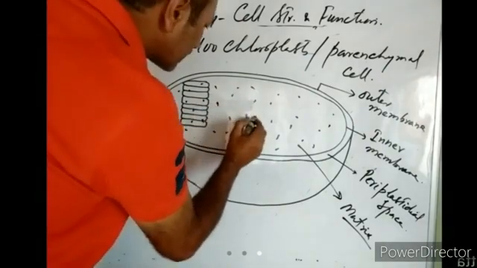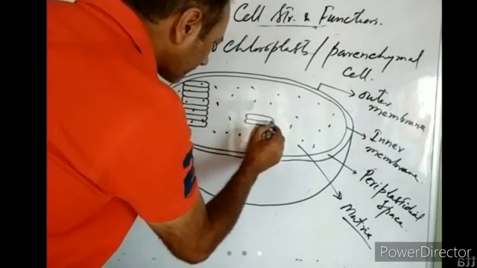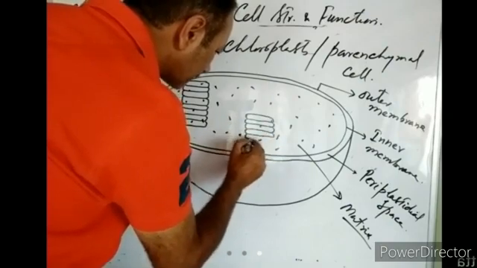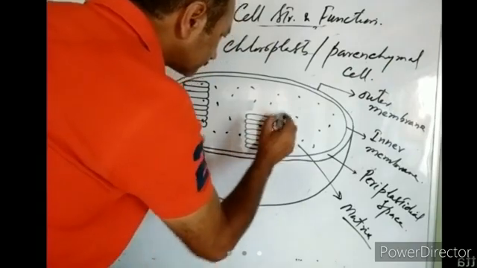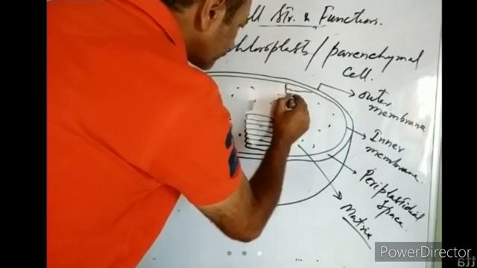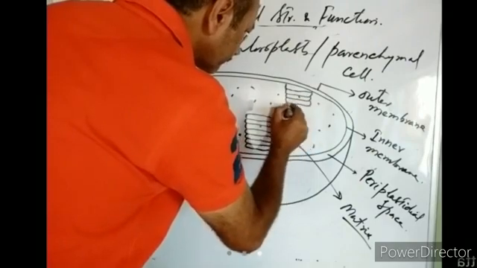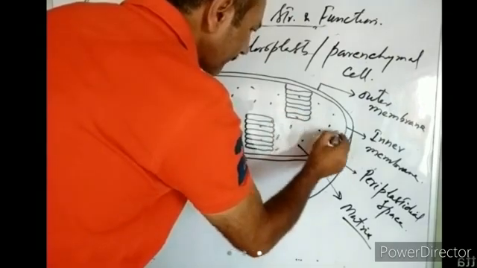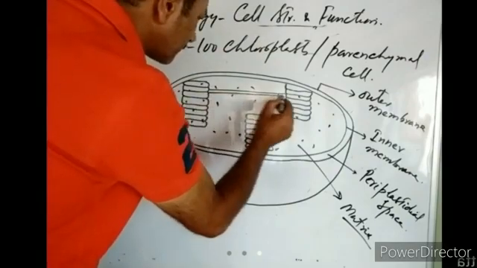These stacks of sac-like structures are known as the grana. These grana are interconnected by membranes.